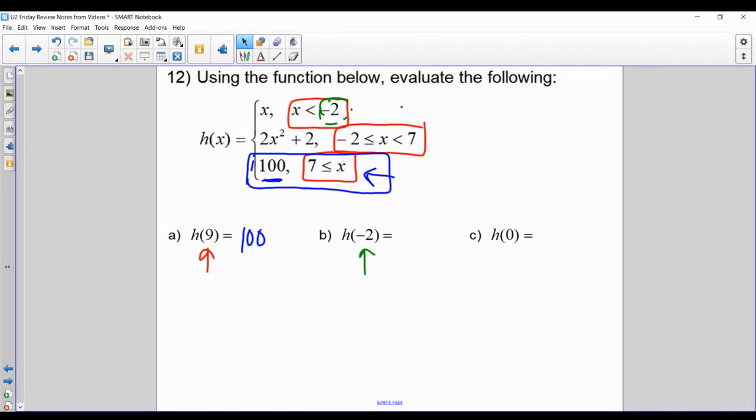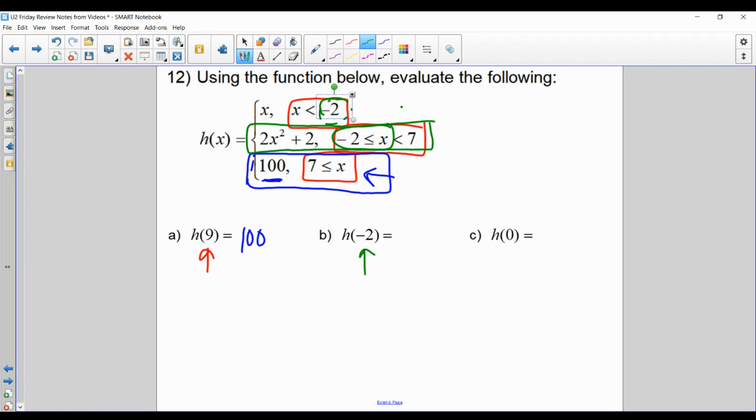However, the only one where it is included is in this middle one, because it says x is greater than or equal to -2. In the first part, it's only x is less than, so this one is not included. So we're looking at the second one, this middle one.